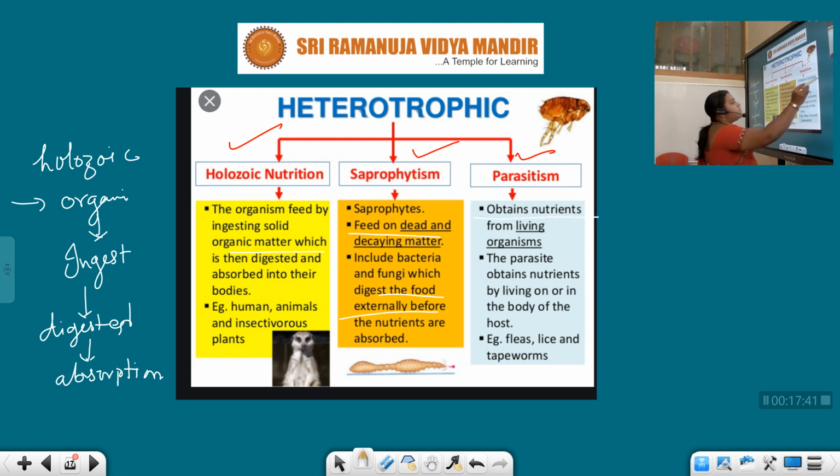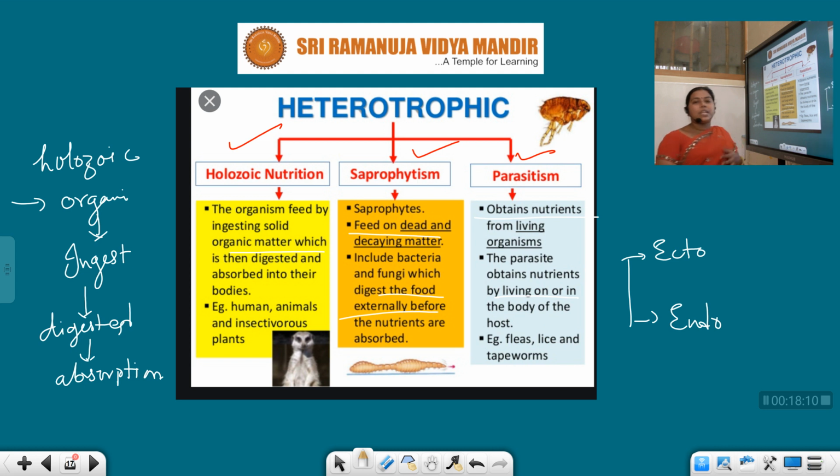And the third one is parasitism. Here the nutrients are obtained from a living organism. There are some types of organisms which can't synthesize food material, right? So they live in other organisms. The parasites obtain the nutrients by living on or in the body of the host. So that is parasitism. Here we have ecto and endoparasites.